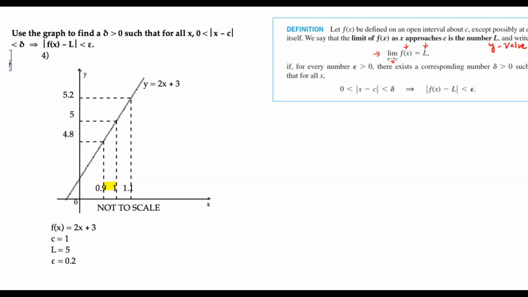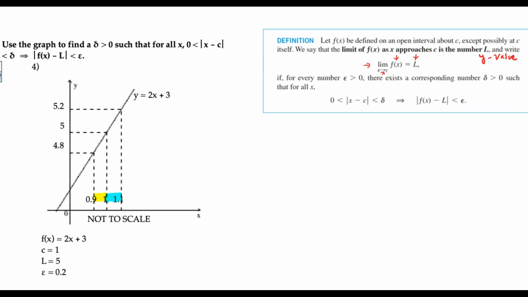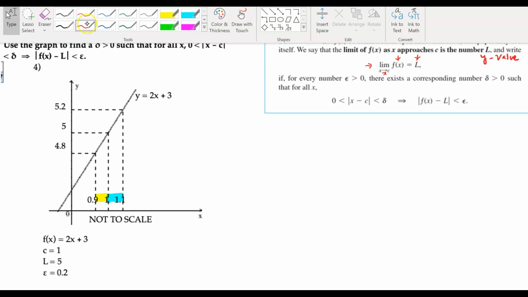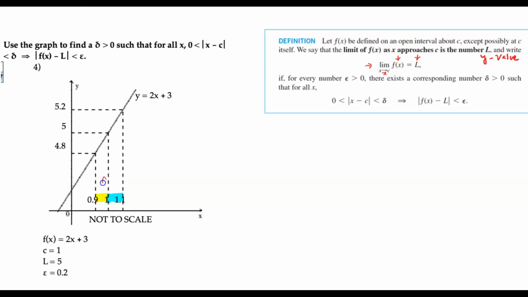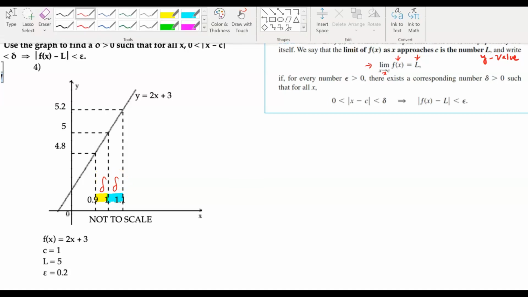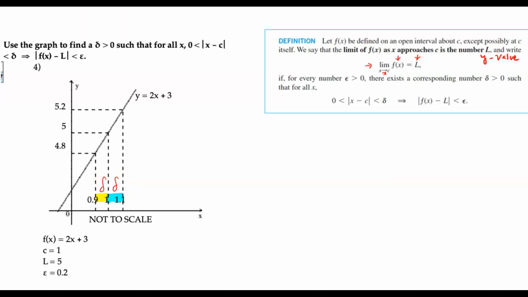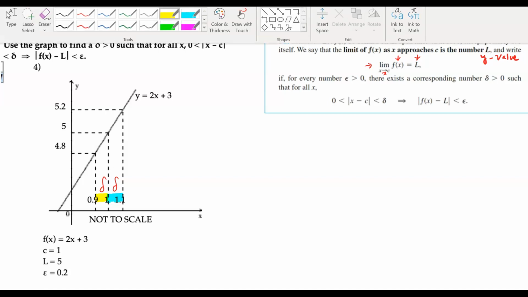I'm going to call that one of the deltas, and this one the second delta. So delta is a tolerance level for x. Delta is like how far away can you be from x to have some limit L.